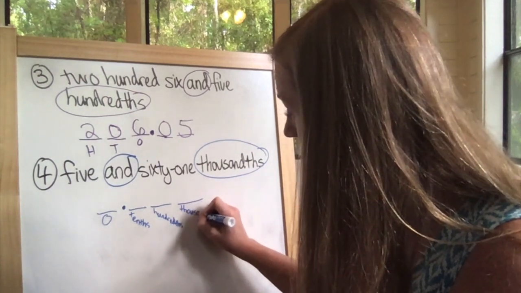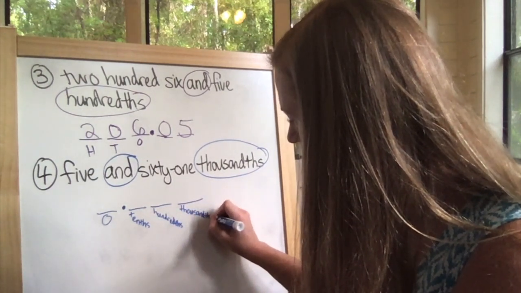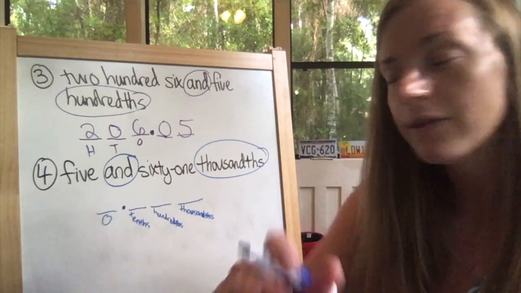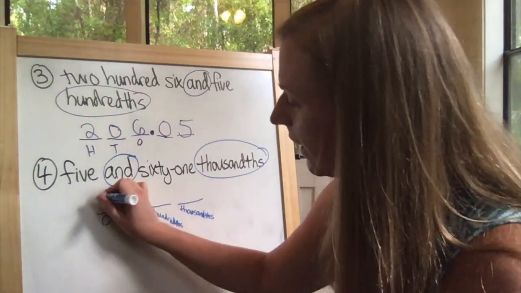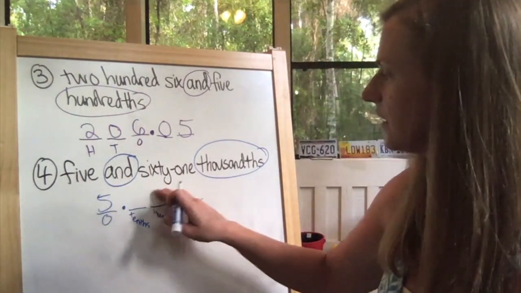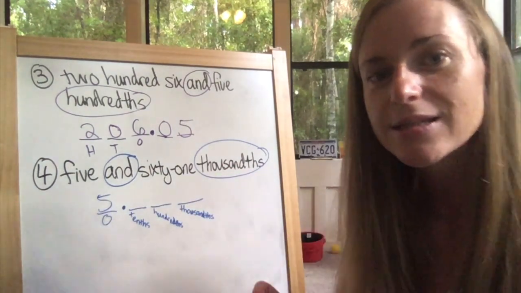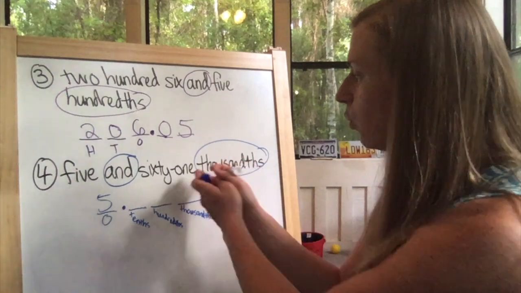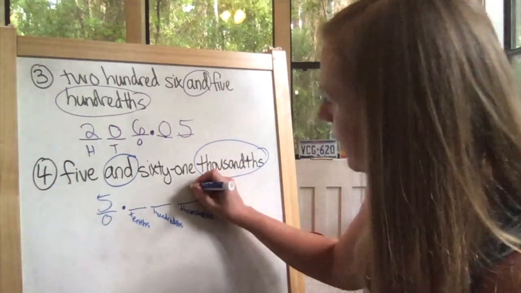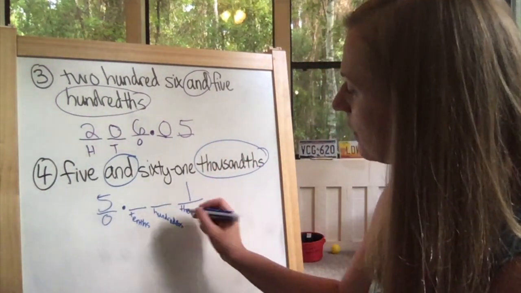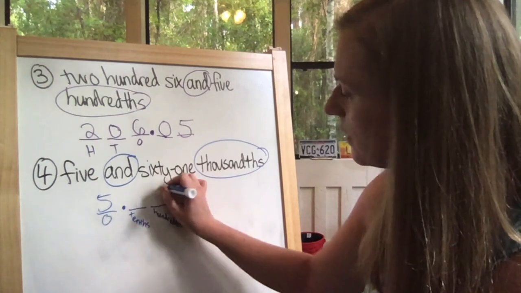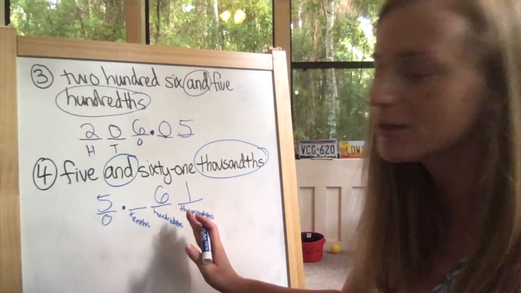So we need 3 of them. And now we fill in the numbers where they go. So 5 goes in the ones place, 61,000th of the sa. So we've got to make it so that it says 61, but that 1 is in the 1,000th of the sa place. So our 1's going to go there, and our 6 has to go here.